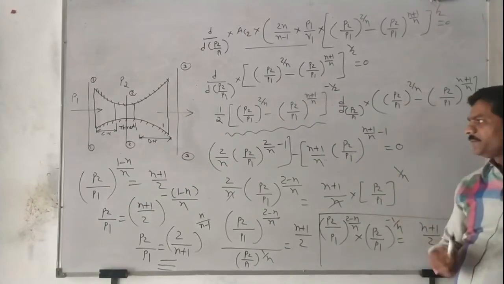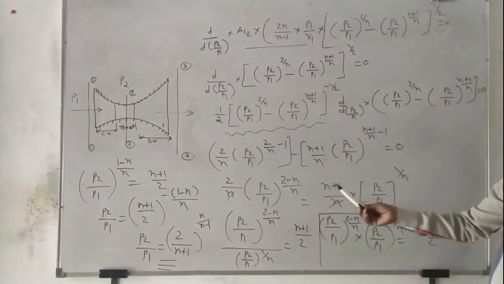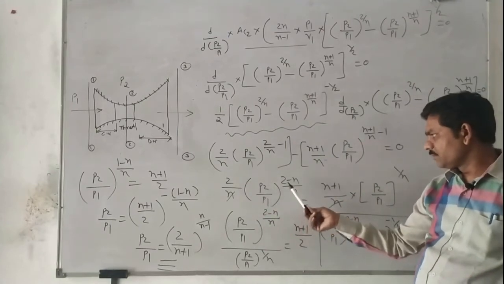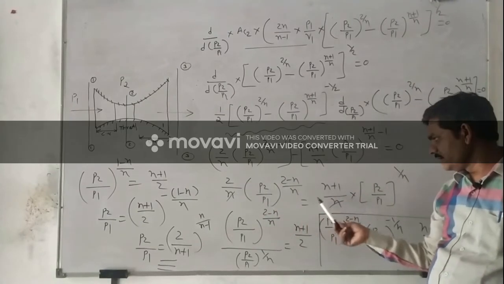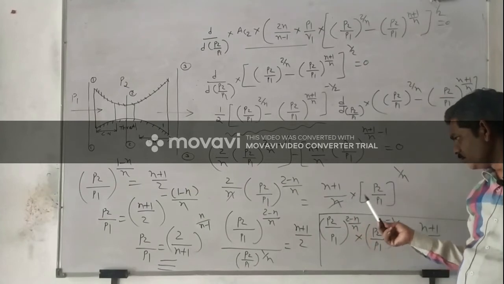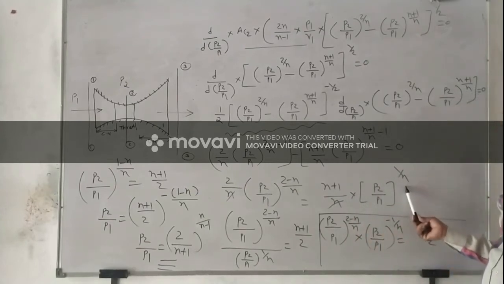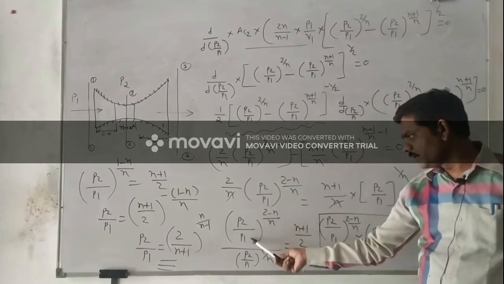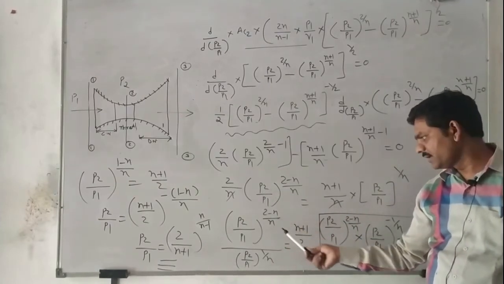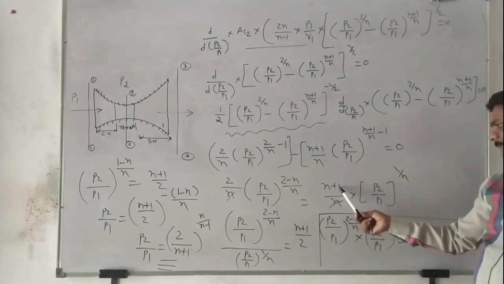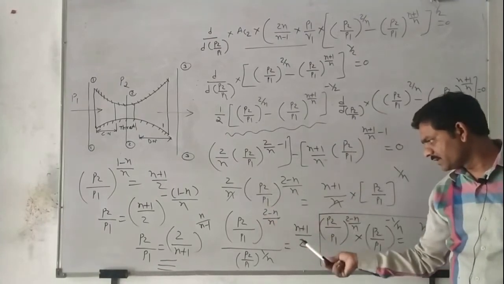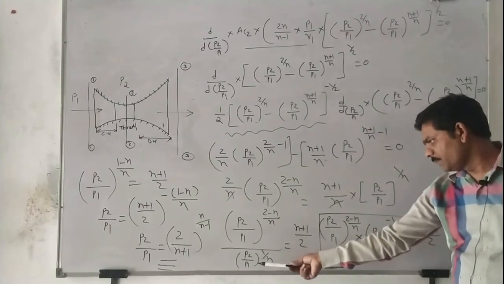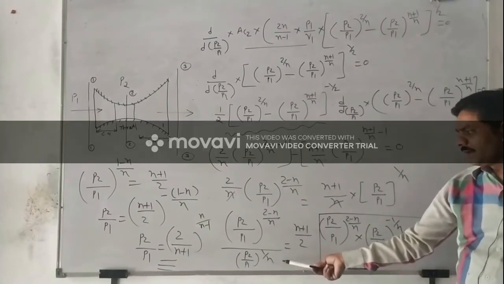Okay, once again I repeat, you see here. P2 upon P1 to the power 2 minus n upon n is equal to n plus 1 upon n into P2 upon P1 to the power 1 by n. This n cancels. What is remaining? P2 upon P1 to the power 2 minus n upon n is equal to n plus 2, this 2 is here, and this ratio is here, P2 upon P1 to the power 1 by n.